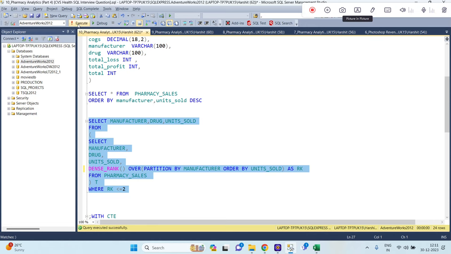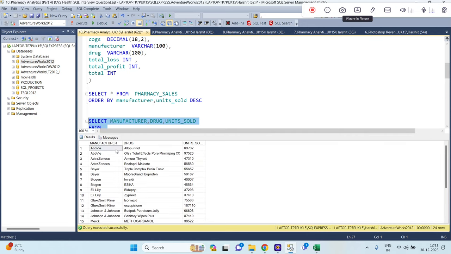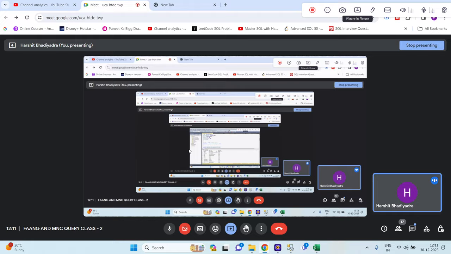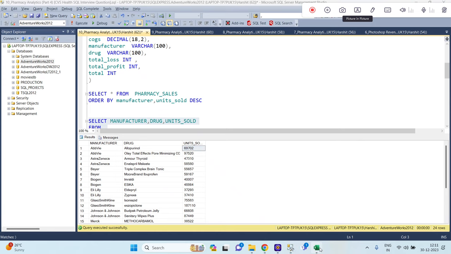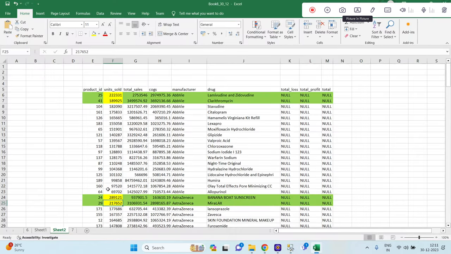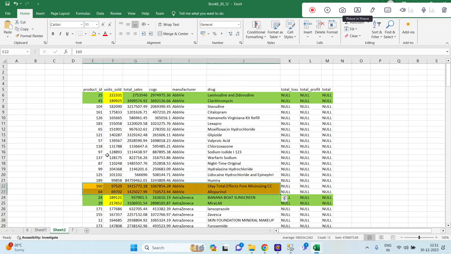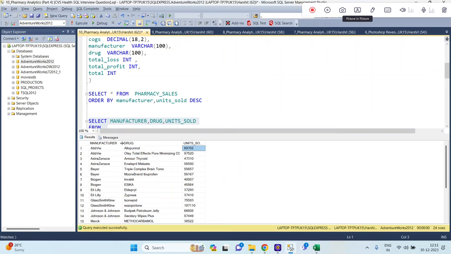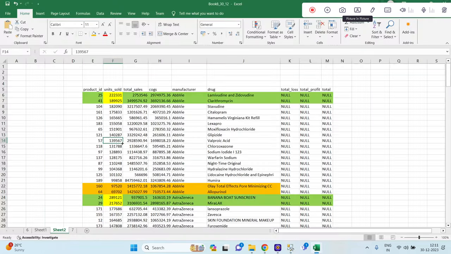So if I do this, then for the abbreviation, if you see over here in the Excel file, these are the results now. 97520, 97520, and 6969720, right?